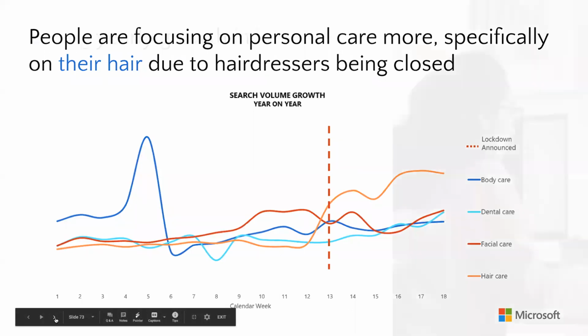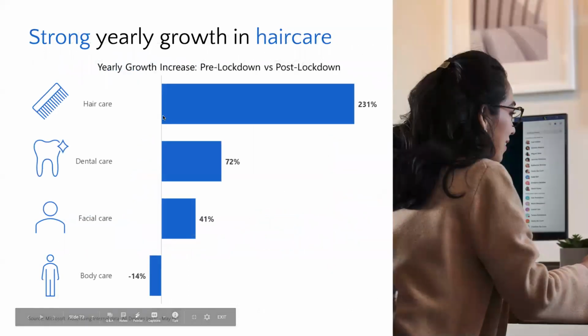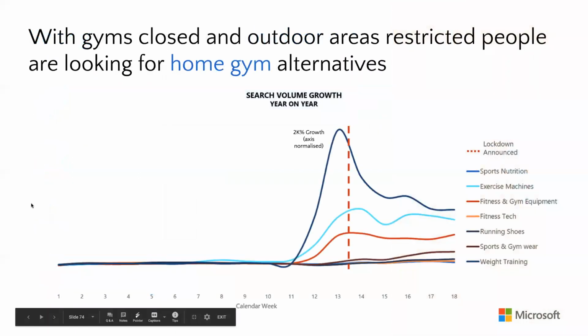And if we look at the year-on-year trend, hair care is actually up really significantly, post versus pre-COVID. So that's where the focus is, with dental care and facial next. And body care, a bit of a decrease from an earlier spike in the year driven by sales and brand campaigns.